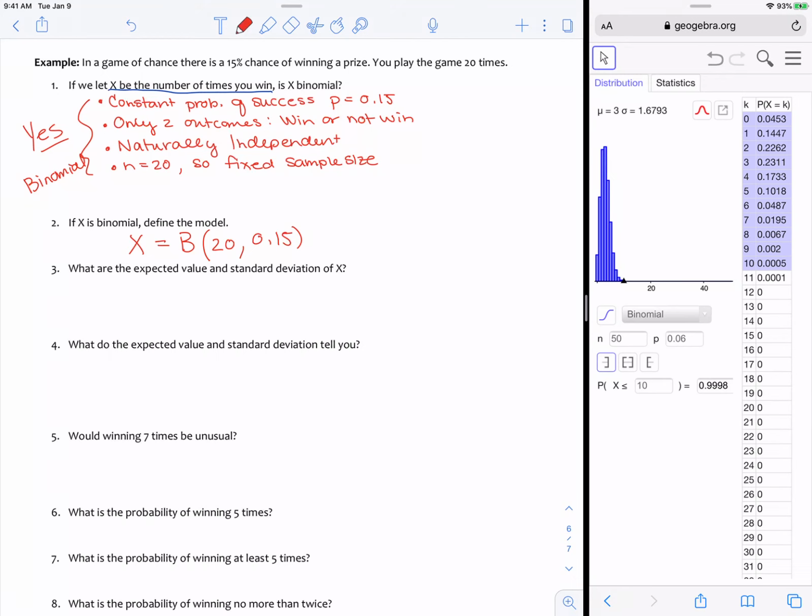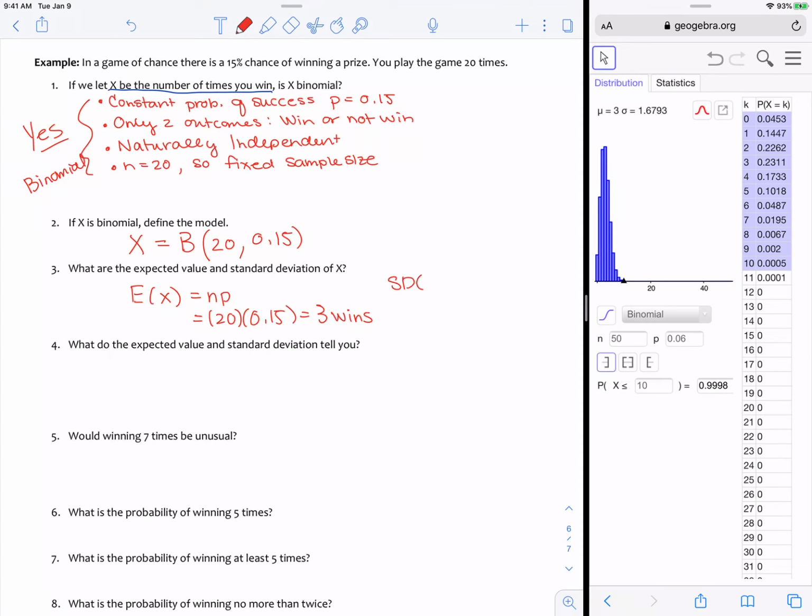What are the expected value and standard deviation of x? Well, we know that it is binomial, so we just need to calculate E of x, which was np, which is going to be 20 times 0.15, and that is going to be equal to 3. And these are wins that we're expecting out of our 20 tries at the game.